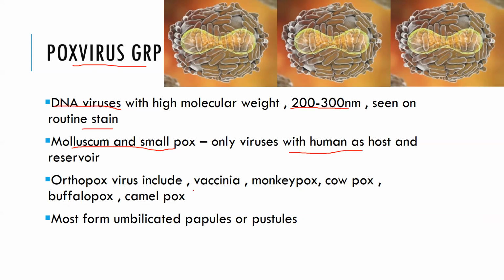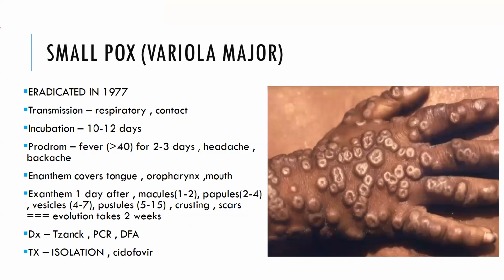These other viruses include vaccinia, monkeypox, cowpox, buffalo pox, camelpox, and the rest, even hunter pox. What you have to note and remember is that in all this group, one way or the other, they usually form some umbilicated papules or pustules somewhere. So every time you see an umbilicated papule, think about a viral infection from the pox family as one of your differentials. So the first one is what we call smallpox.